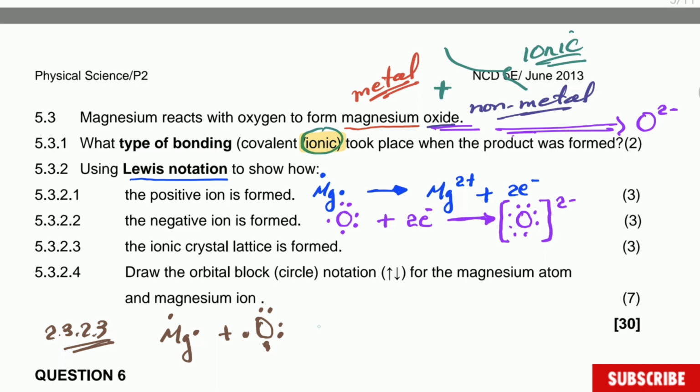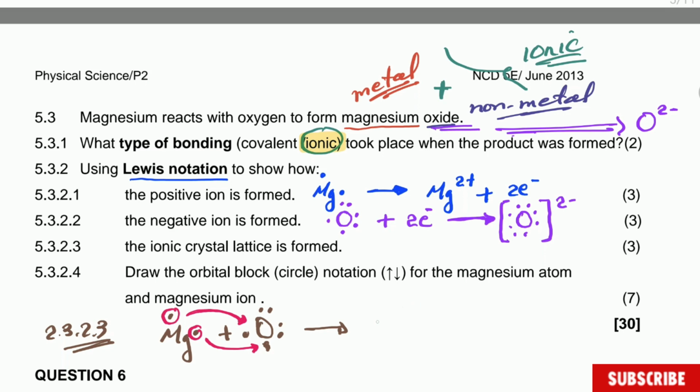Now what is going to happen here, guys? Because it is ionic bonding, this valence electron of magnesium is going to be given away to the oxygen, as well as this other valence electron will be transferred to the oxygen.